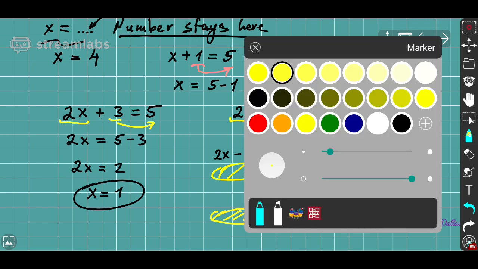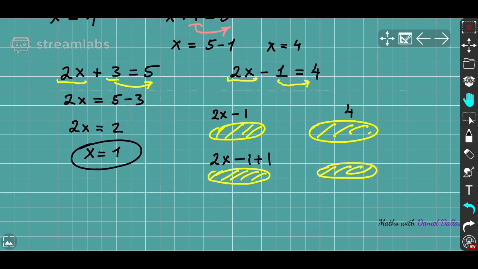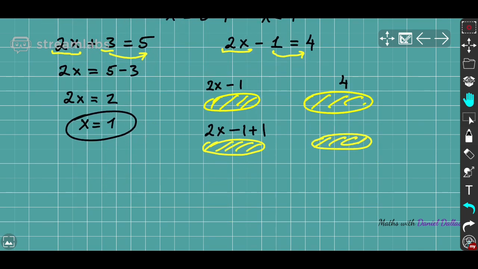So what exactly do you need to do? You need to put an extra 1, because -1 and 1 together will kill each other, and that means it will leave you with 2x on the left plate, okay?